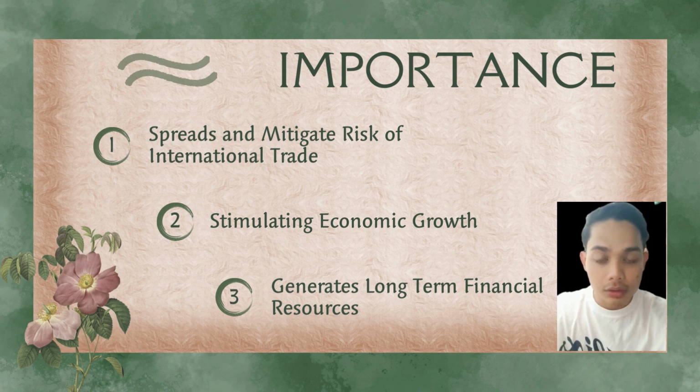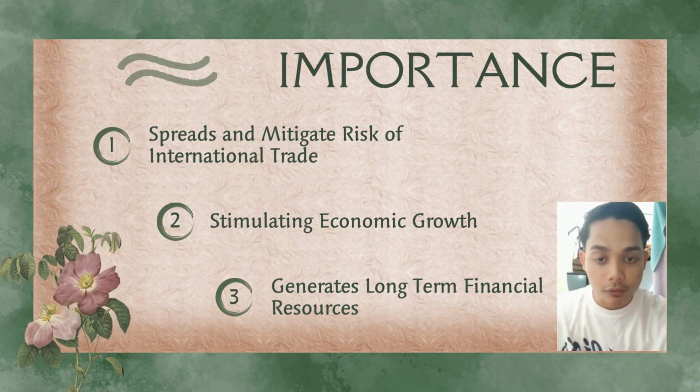The first one is to spread and mitigate the risk of international trade. International trade insurance can spread uncertainty and risk, so it will help the business to manage and mitigate the various risks associated with global trade, including non-payment, political instability, currency fluctuation, natural disaster, and transportation issues.